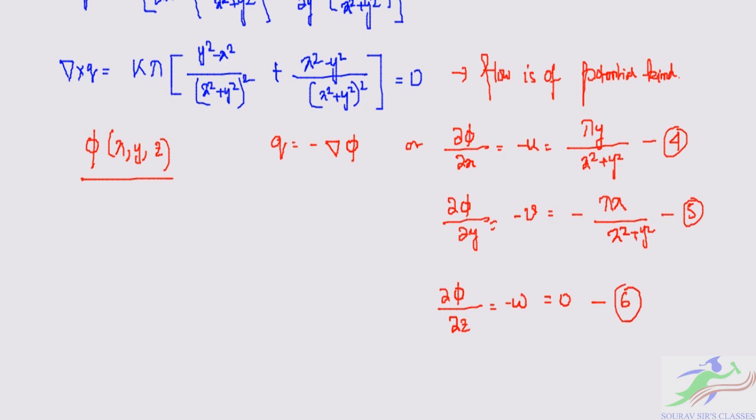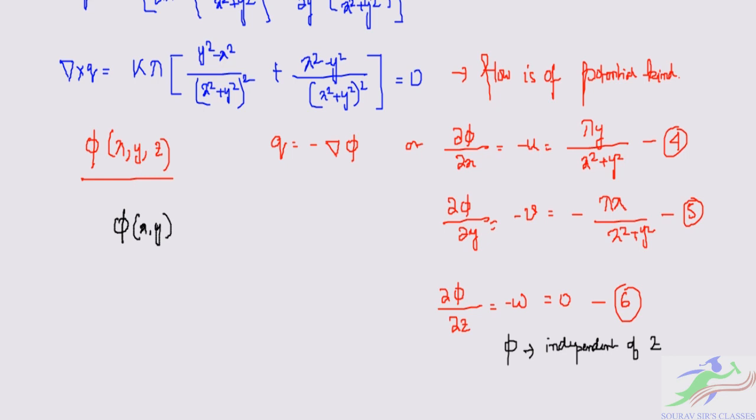Which shows that phi is independent of z. That is the conclusion. So phi is a function of x comma y.